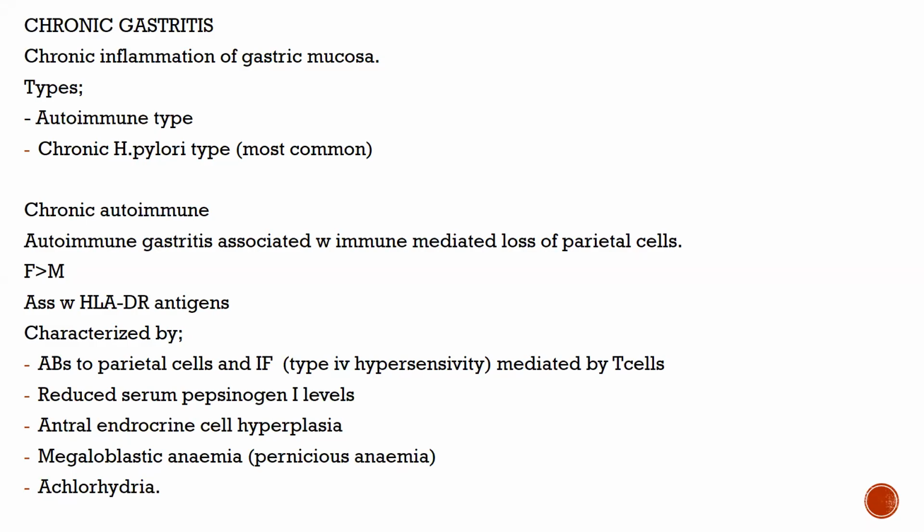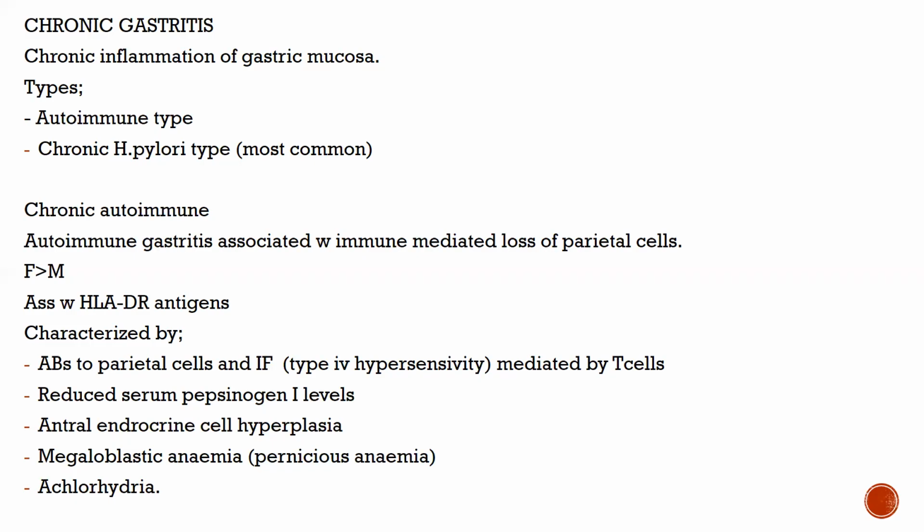So when these antibodies are produced, it leads to destruction of the parietal cells, meaning you'll have less hydrochloric acid, and less or loss of intrinsic factor. And we said intrinsic factor helps us in the absorption of vitamin B12 in the small intestine.